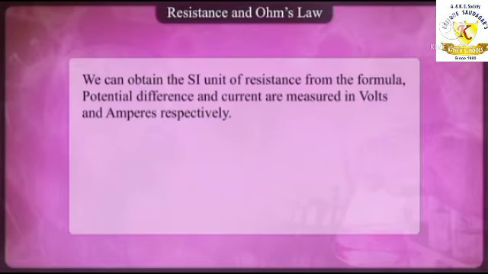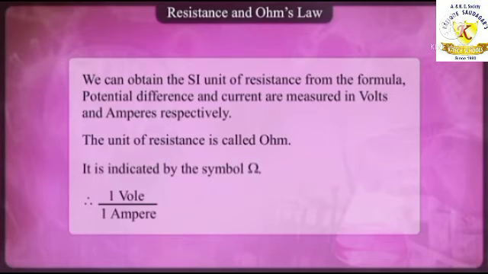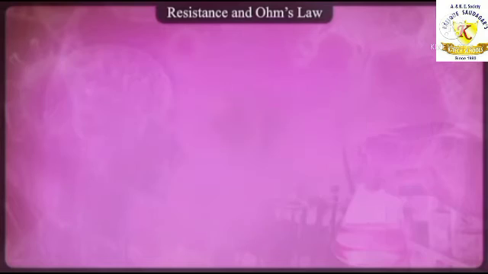We can obtain the SI unit of resistance from the formula. Potential difference and current are measured in volts and amperes respectively. So, the unit of resistance is called ohm. It is indicated by the symbol Ω. 1 volt upon 1 ampere is equal to 1 ohm.